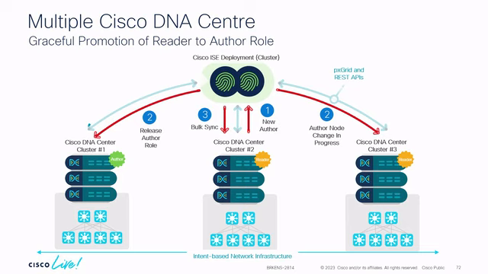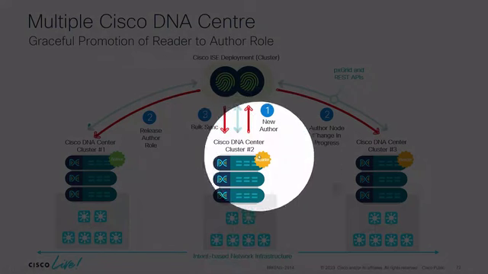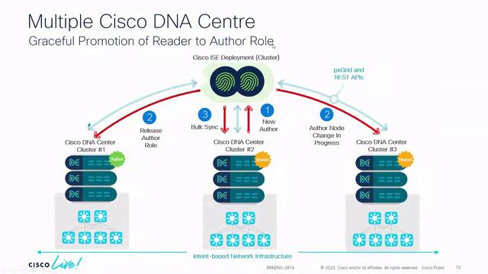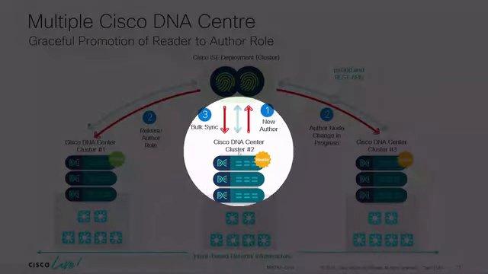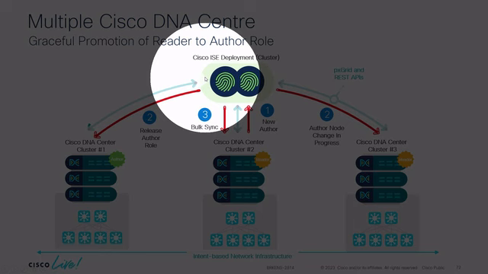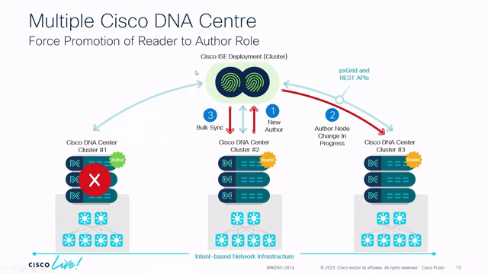Once you do this promotion, let's say you promote your reader node 2, or cluster 2, as your author, there is a lot of handshake which happens at the back end. Once this promotion request hits ISE, it will look for the current author, because it has to statefully take over its privileges as an author node. But if your author node is down, obviously it will never get a response back, so it will keep retrying. It retries twice and thrice.